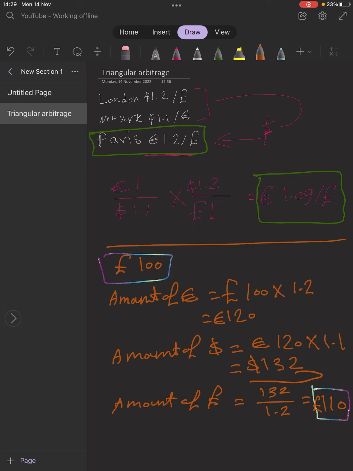You will get $132. Transfer the dollars back to pounds and earn 110 pounds. You may make use of this transaction and earn a profit of 10 pounds, which is great.